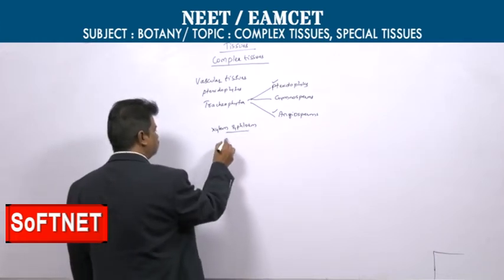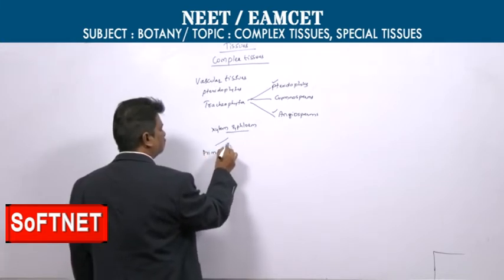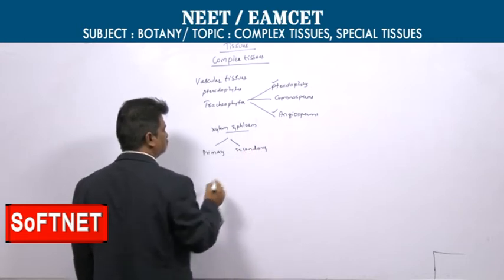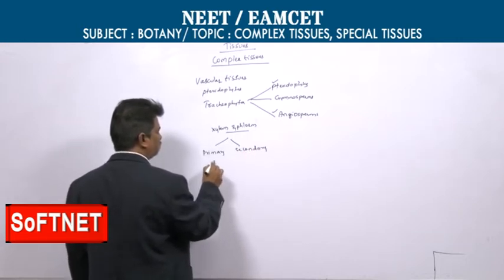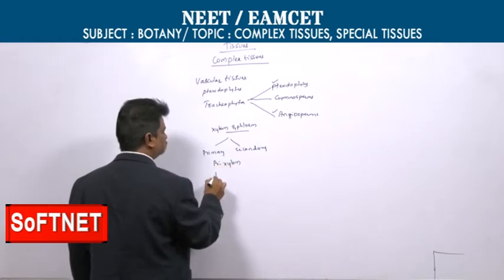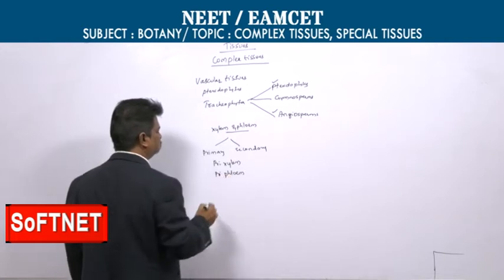And these vascular tissues are of two types, primary and secondary vascular tissues. Primary vascular tissues are primary xylem and primary phloem.